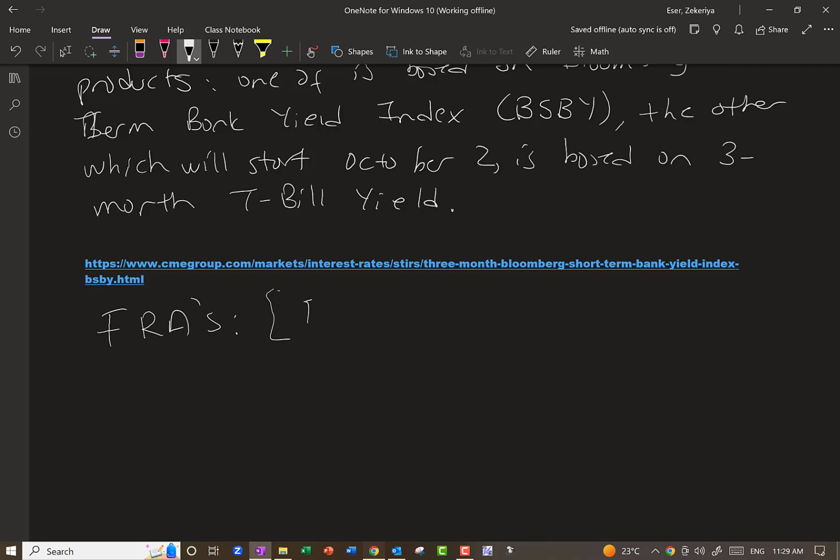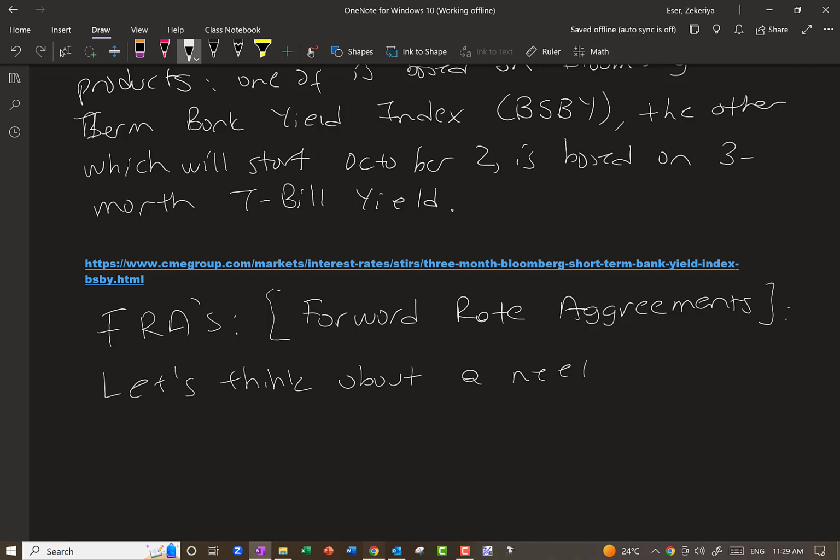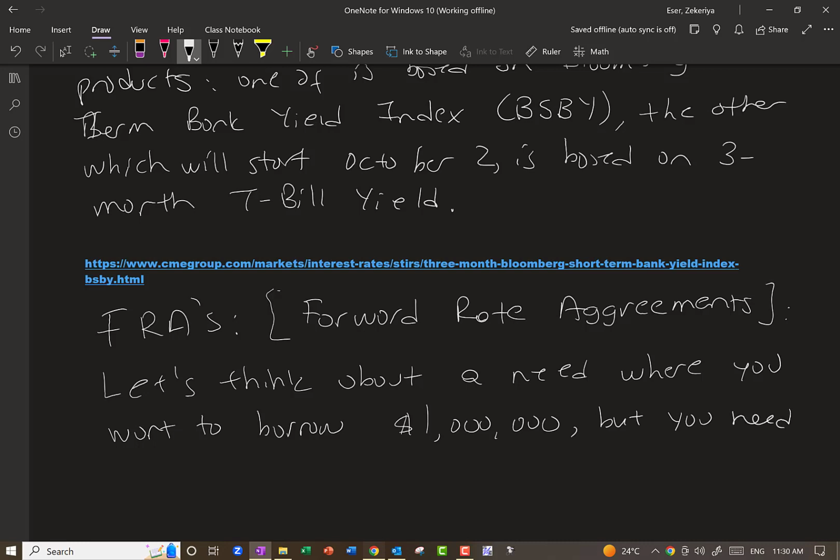Let's think about a need where you want to borrow $1 million, but you need the money 3 months from now. And you will borrow for 3 months.